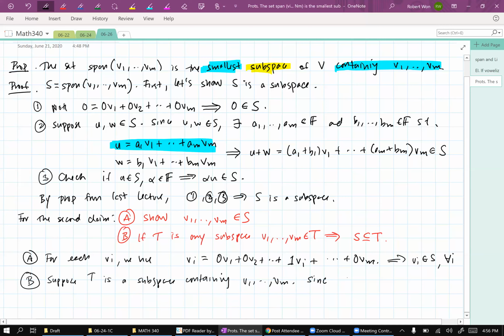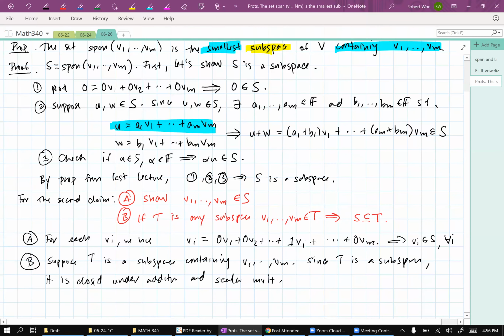Since T is a subspace, it is closed under addition and scalar multiplication. Which actually means that it's closed under taking linear combinations, right?